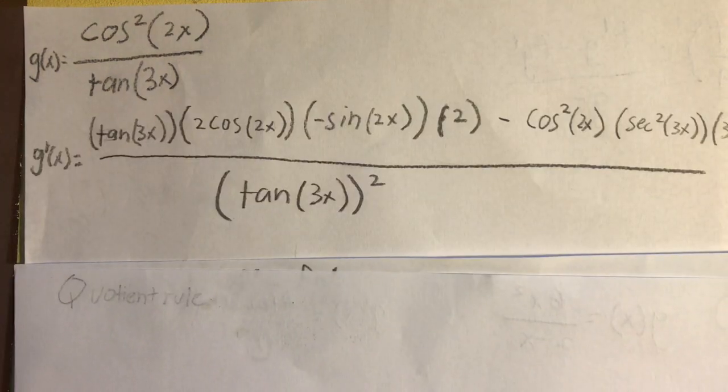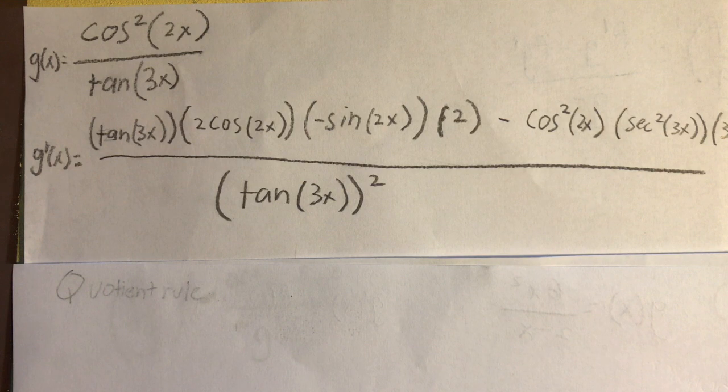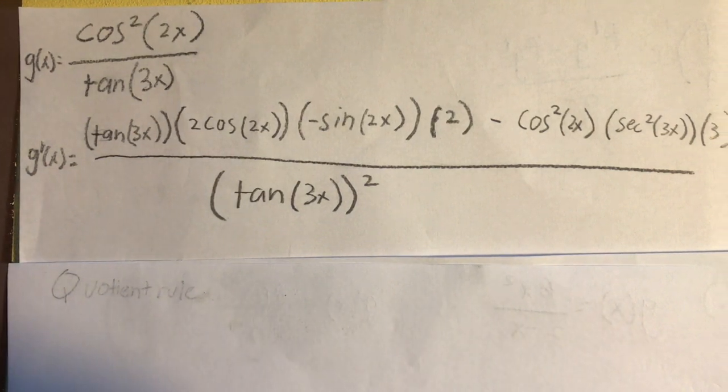So we're asked to find the derivative of cosine squared 2x over tangent 3x, and just by looking at it we see that this does incorporate the chain rule, so we have to be sure to use that while we are setting up the formula for the quotient rule that I gave you earlier in the video. And we should end up with something like this. We have to, of course, make sure to use the chain rule.